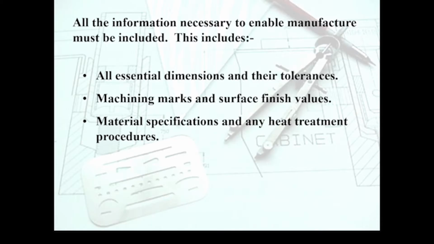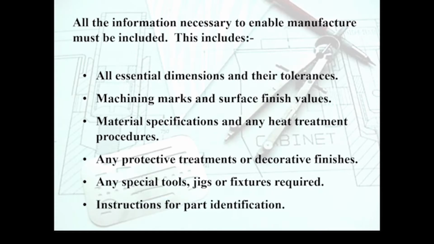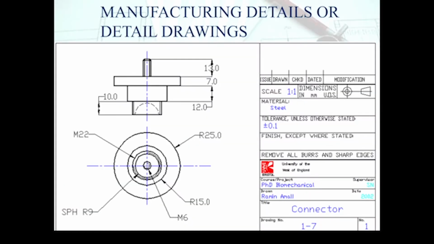If you want a certain type of material, that has to be specified. Any heat treatment, any post-processing, all of that has to be included on the drawing. And if you want any scribe marks or identification marks left on the part, engraving, embossing, all of that is included on the manufacturing drawing.